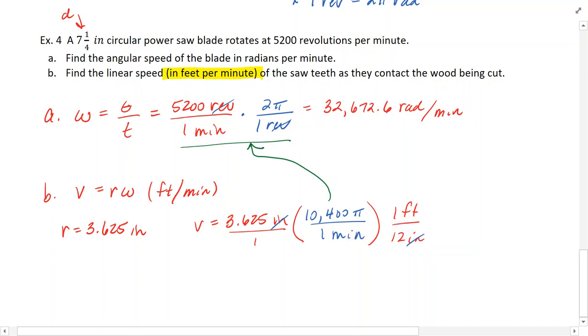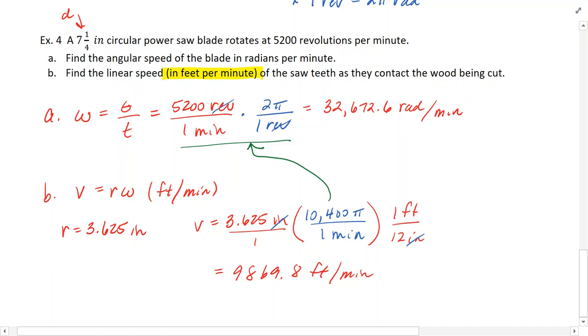Now I multiply everything straight across, and using pi, I end up with an approximate value of 9,869.8 feet per minute. That's the linear speed of this saw blade.